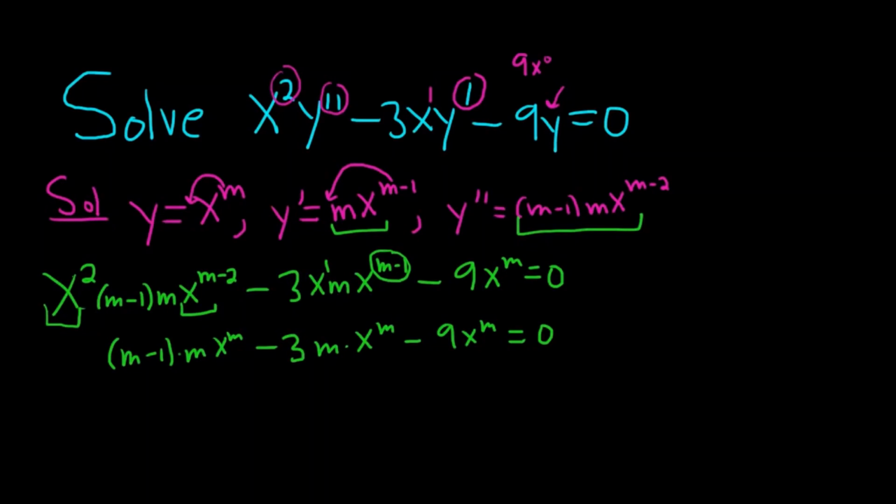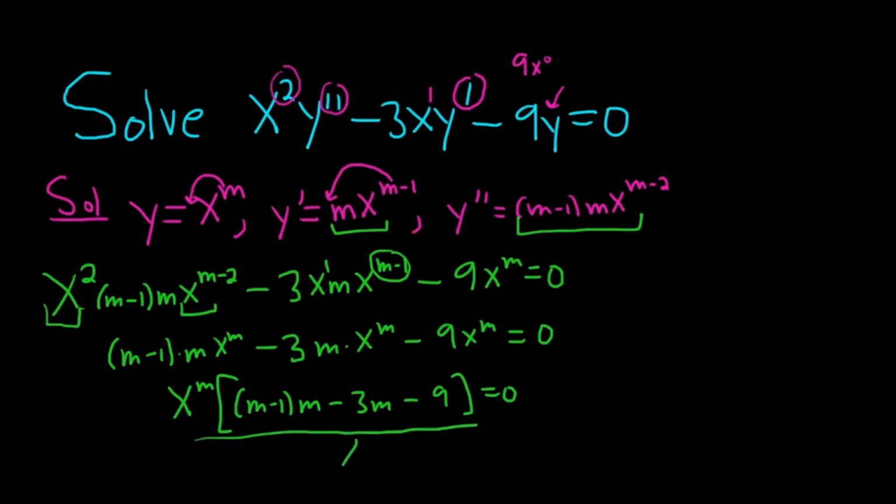Then what you do is you factor out the x to the m. And this becomes m minus 1, m, minus 3m, minus 9. And that's equal to 0. Now you can divide both sides by x to the m. So if you divide by x to the m, these cancel, and then 0 over x to the m is 0.